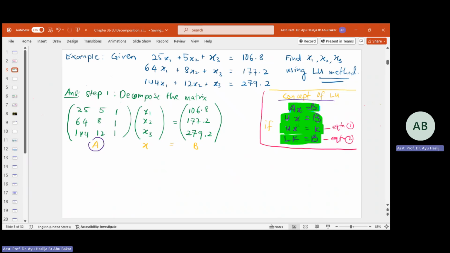Later on, from A, you will decompose it into the L and U matrix. Okay, so UX equals B. Wait, something wrong here. Let me check.